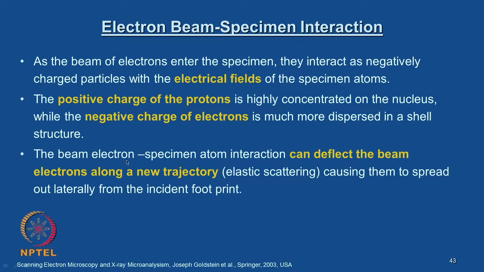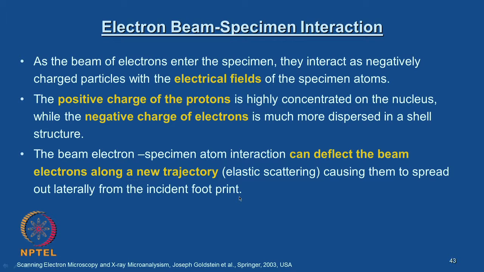The beam electron specimen atom interaction can deflect the beam electrons along a new trajectory, which is considered elastic scattering, causing them to spread out laterally from the incident footprint.